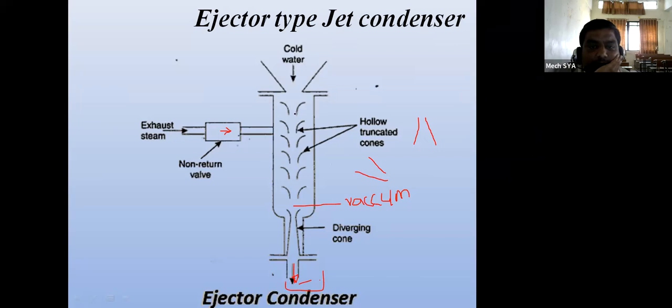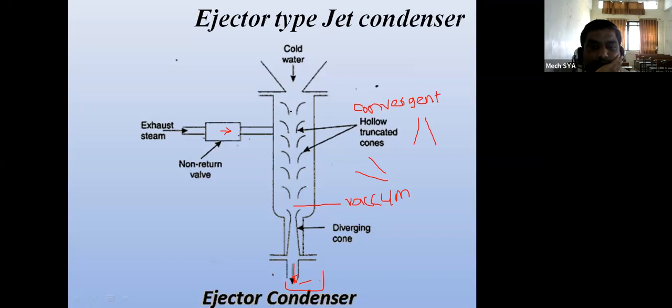And there are hollow truncated cones. This one is a convergent truncated cone. Convergent means the area goes on decreasing towards the outlet.